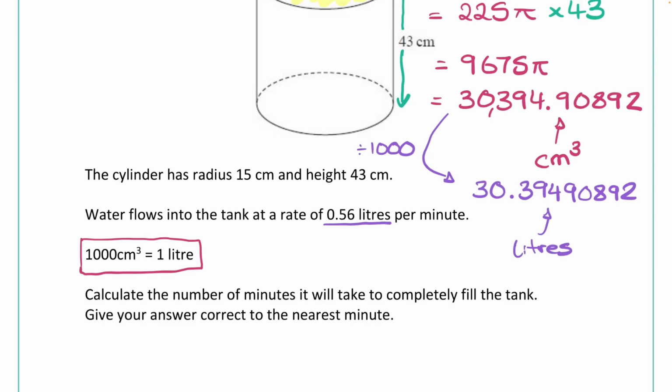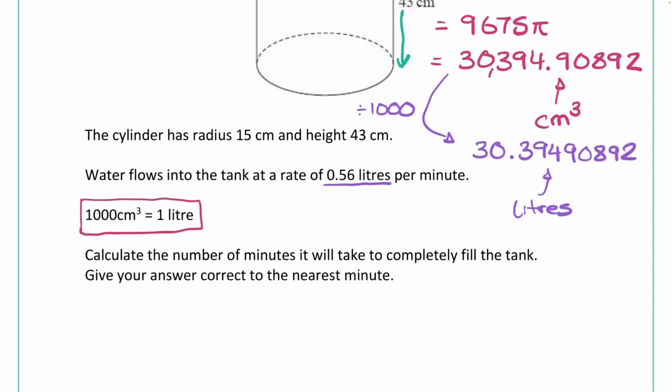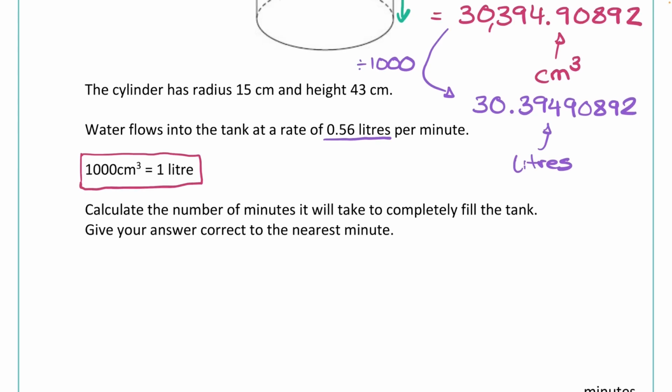So now that we have the volume in litres rather than in centimetre cubed, I can now figure out exactly how many of these 0.56 litres are going to fit into that. So I've got this number that I keep having to write down with lots of decimals, but I'm going to write it down again, 30.39490892. I want to know how many of these 0.56s fit into that, because that's how many fit in per minute.